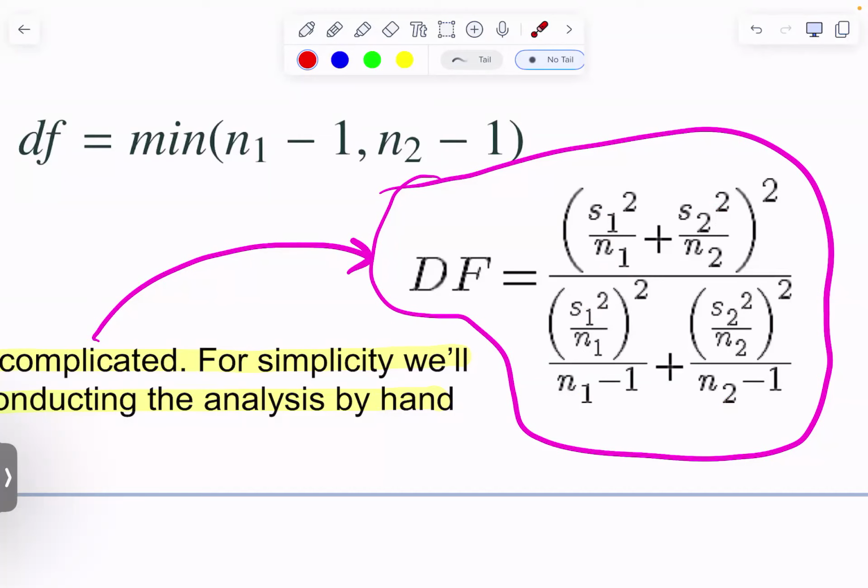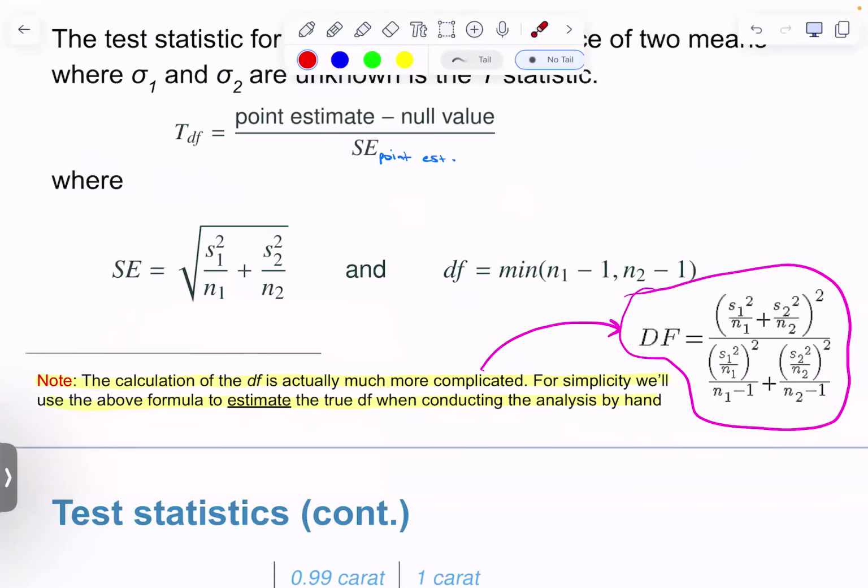You don't worry about that. Okay? But I bring it up so that you can be grateful that we're just taking the smaller sample size minus 1 instead. And so here we're going to use this degrees of freedom. If you're searching online, it depends on what field you're in. Sometimes they use N1 plus N2 minus 2, which we're not going to do.